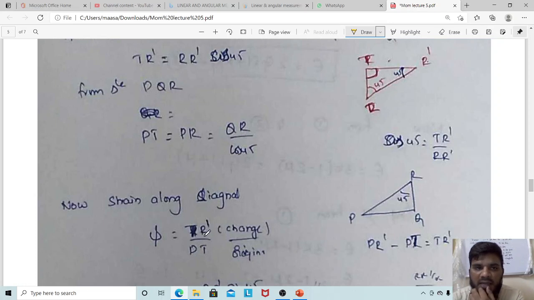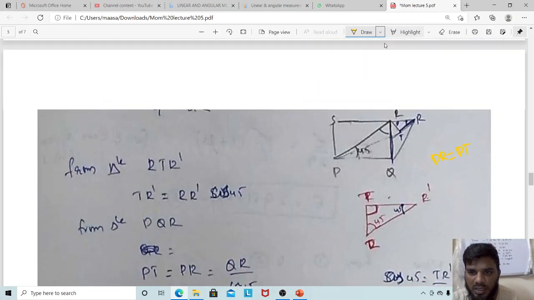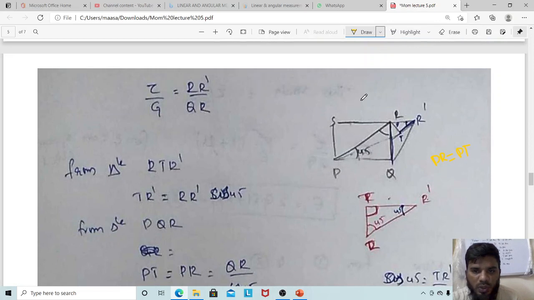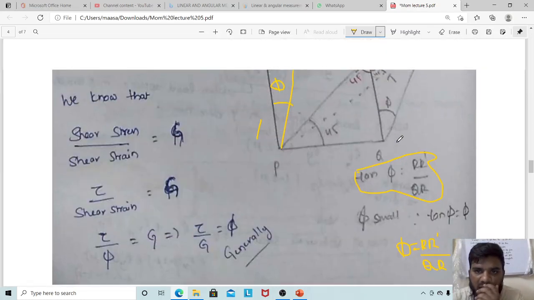So for identifying TR dash, let us go into the small triangle, this triangle TRR dash. This is R dash, don't get confused, I have drawn here TRR dash. According to this triangle, this is 45, obviously. Since this is perpendicular, this is again 45. I have drawn this in the previous picture, you can see it clearly, I have marked it with red ink.